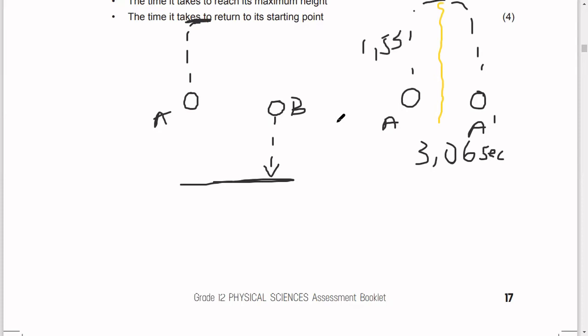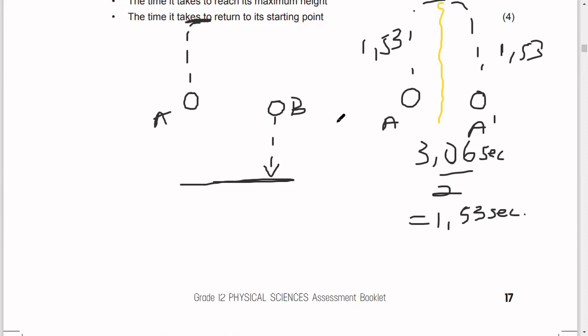So it takes us 1.53 seconds to go from A to maximum height, and another 1.53 seconds to go from maximum height to A prime. So now we have the time.